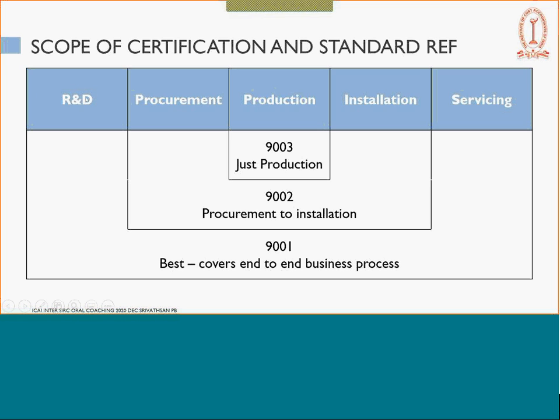It's right from research and development, design and development, till servicing. So research a product, design a product, develop a product, get the raw material for that, take it to the customer's place and install it, and post-sale servicing. Not just sell it and install it and leave it.